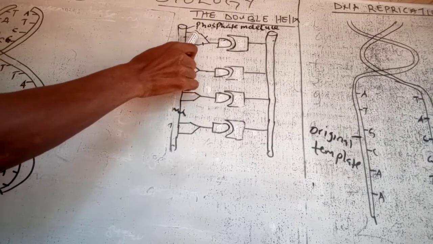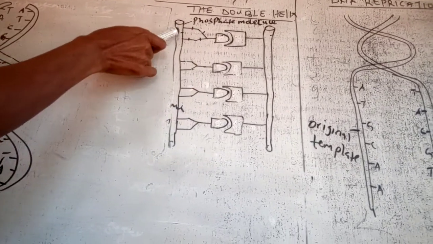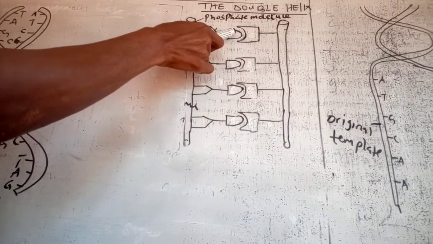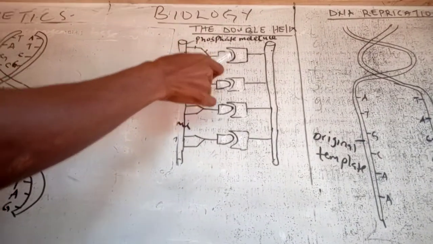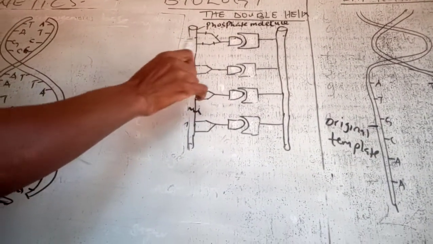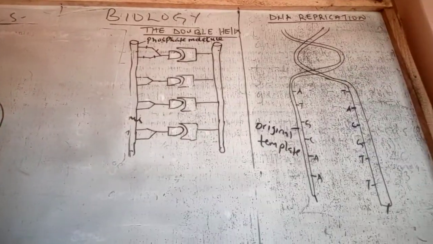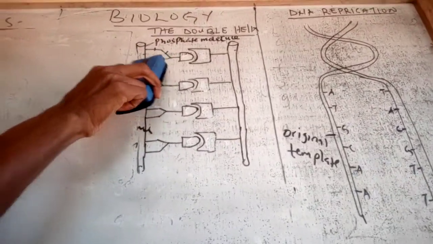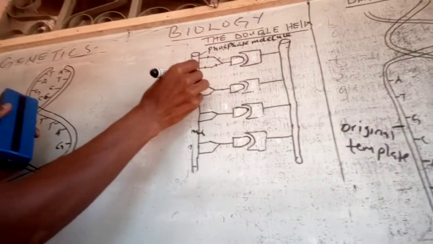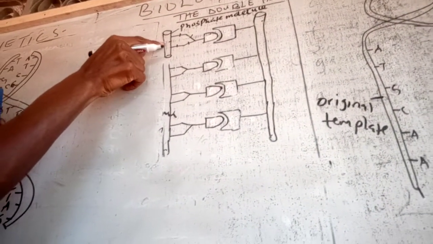So this is a carbon sugar, and this is a phosphate molecule, and at the end we have a nitrogenous base. If I cut this up to that, I can have this being the nucleotide.